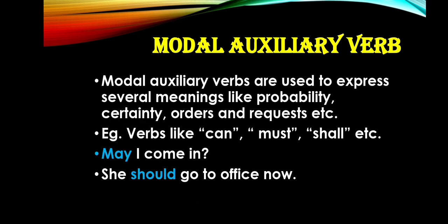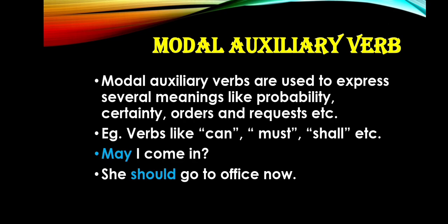Modal auxiliary verbs are used to express several meanings like probability, certainty, orders, requests, etc. The examples of modal auxiliary verbs are can, must, shall, etc. For example, may I come in?